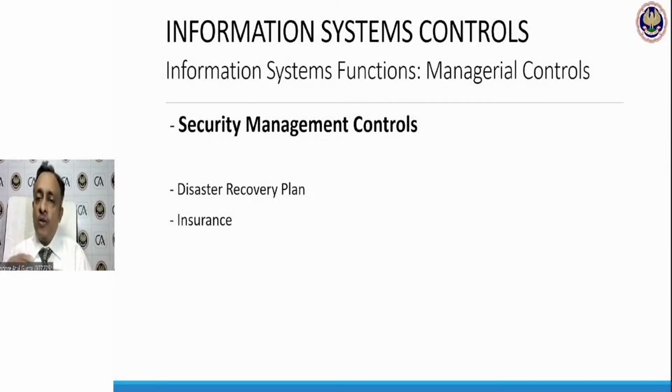For those you need to have a disaster recovery plan. If your main data, main location is hit by a disaster, you must have a secondary location where you can go and work so that business continuity is maintained. You need to have proper backup built into the system so that you can start when you plan for it. So that is security management control.